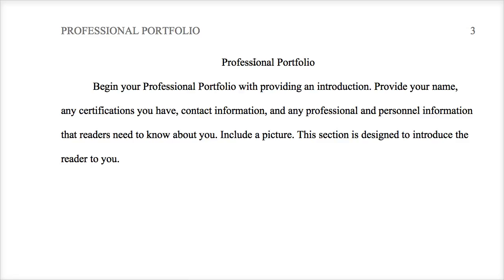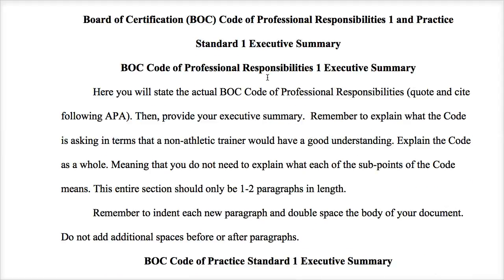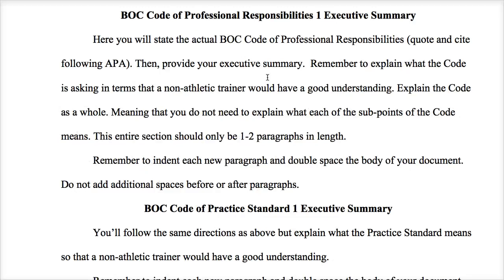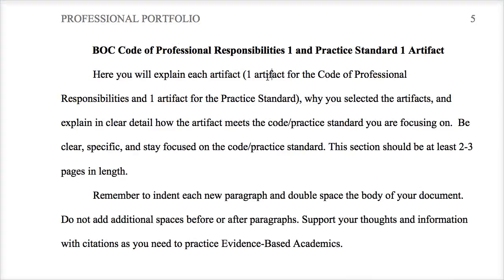Your introduction, if I ask you to make any changes in your introduction, you should make those changes. Your executive summaries, if I've asked you to make any changes in your executive summaries, you should also make those changes. In the artifacts section, your reference page and the appendices, which include your artifacts. That's what you'll turn in for this draft.